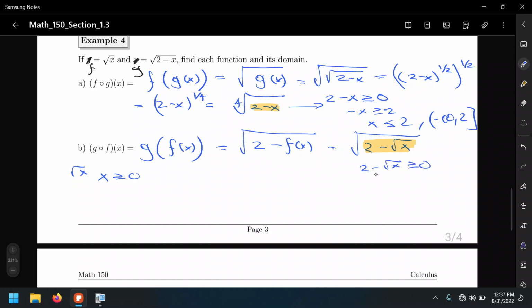So negative square root of x greater than or equal to negative 2, and then divide both sides by negative 1. That gives us square root of x less than or equal to positive 2, but reverses the inequality symbol. And then to get x by itself, just square both sides, so x less than or equal to 4. So what am I talking about?